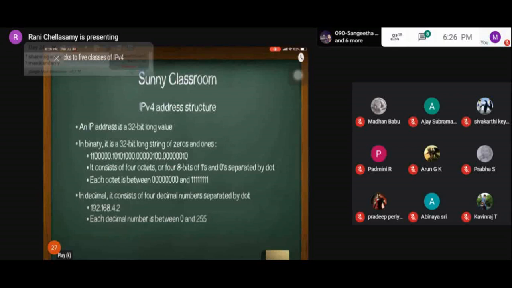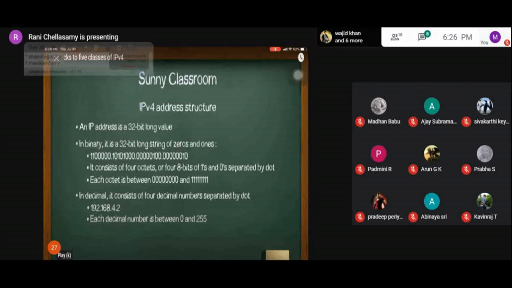In decimal representation, it consists of 4 decimal numbers separated by dots, for example 192.168.4.2. Each octet, that is each value between the dots, ranges from 0 to 255.